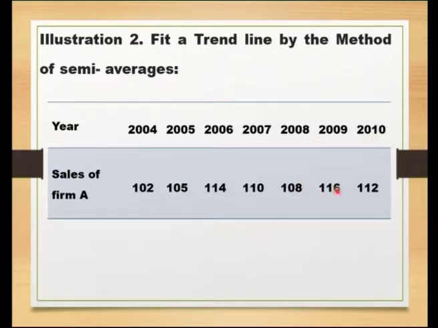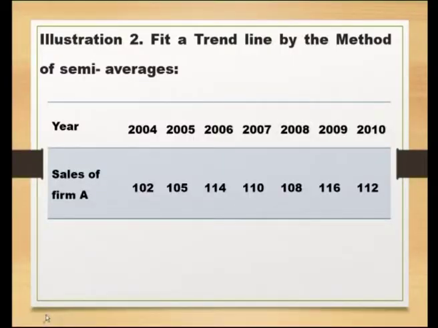So, the average for the last 3 years is also calculated. Since the number of years is 7, which is odd, the whole data cannot be divided into 2 equal parts. So, we have to take the first 3 years as one part, the middle year as another part and the last 3 years as the third part.